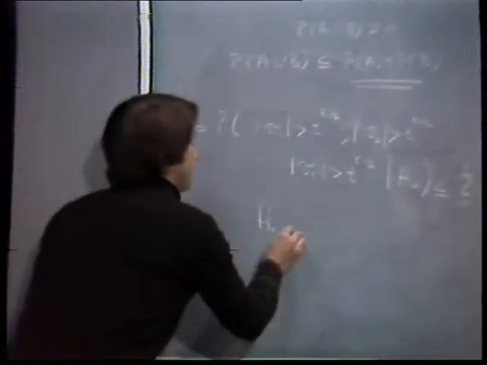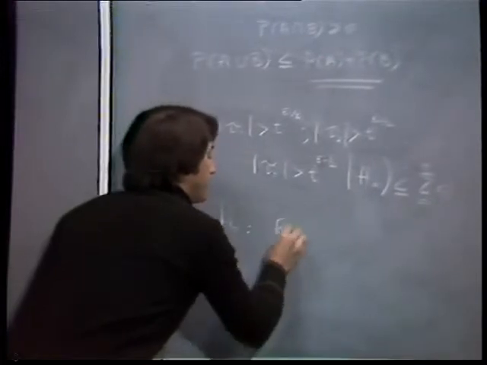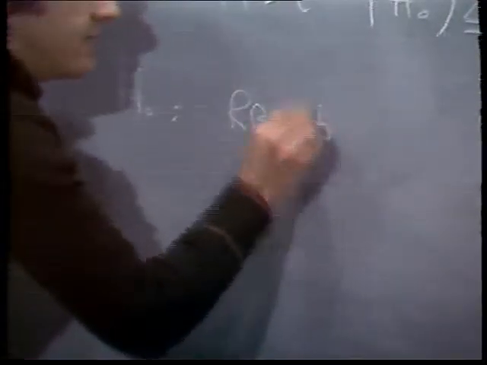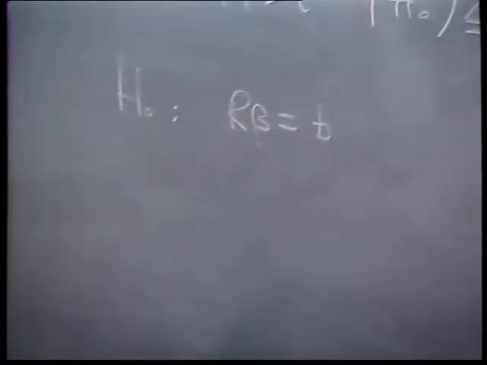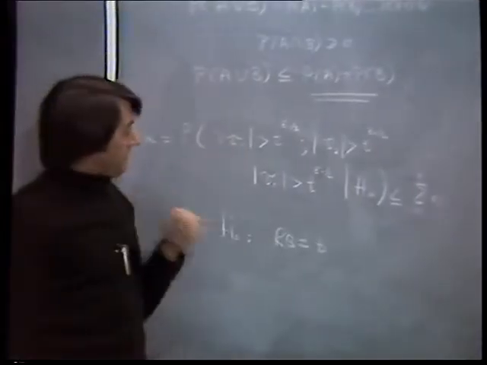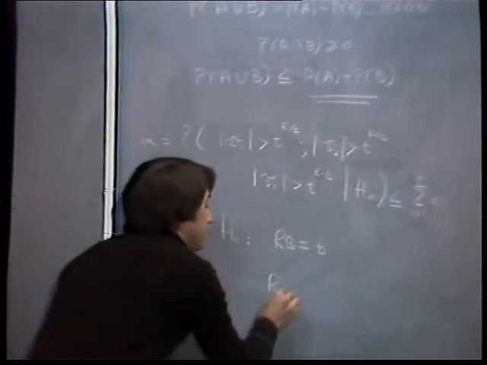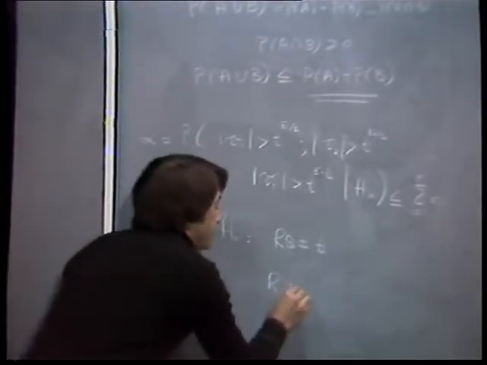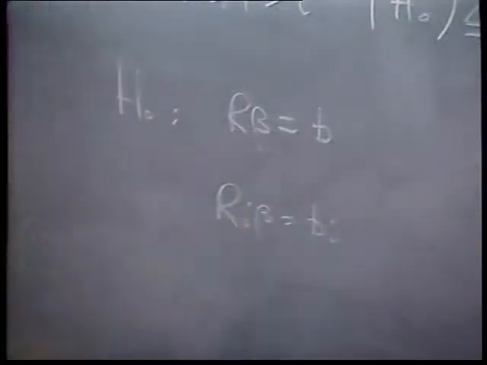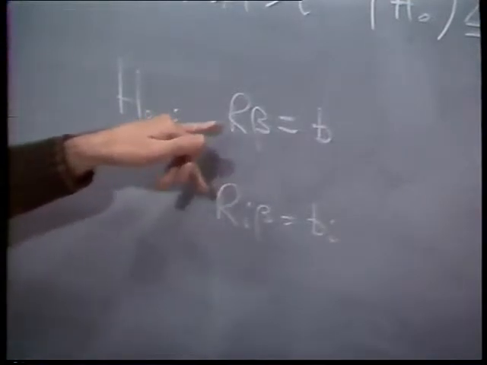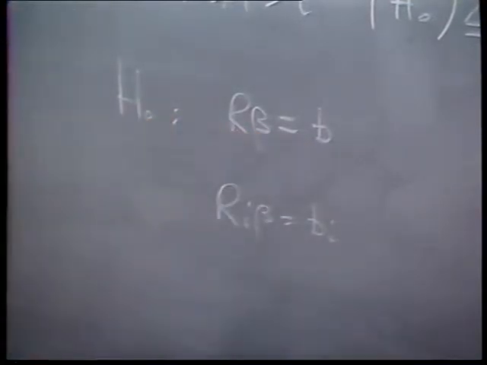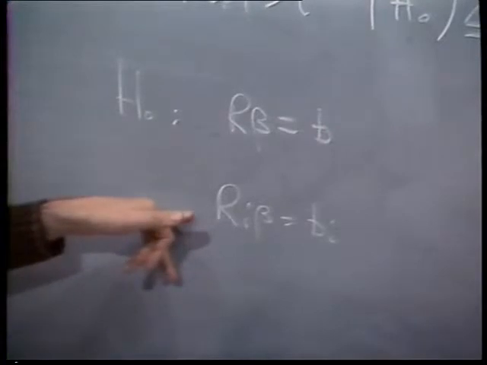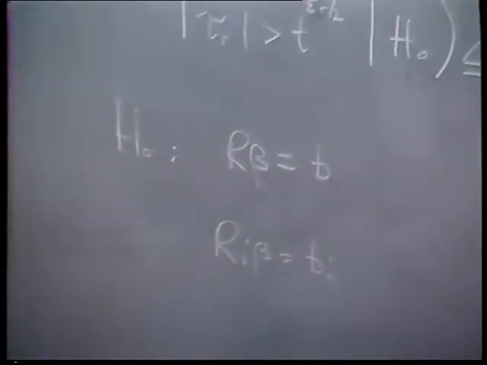To make that a little more concrete, if H0 is R beta equals b, then with the Bonferroni approach, we may well take each of the restrictions in R beta equals b separately, and only those restrictions, and perform tests on those.